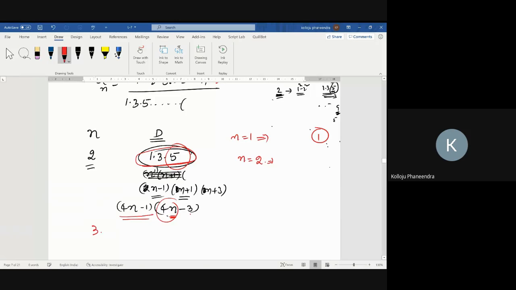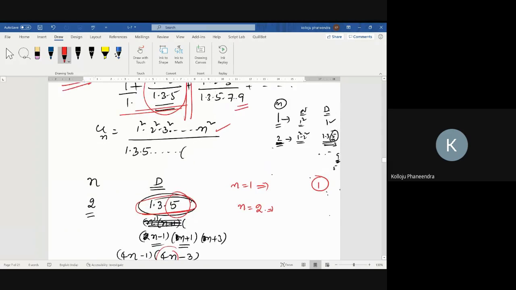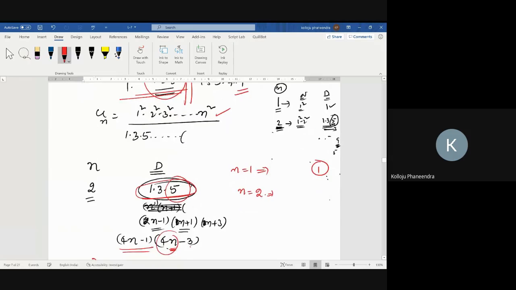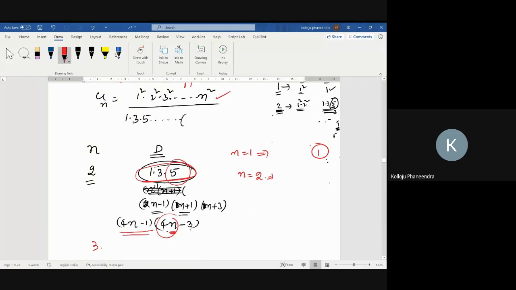Similarly, when n equal to 3, what is the last term? 9. 4 into 3 is 12, 12 minus 3 is 9.